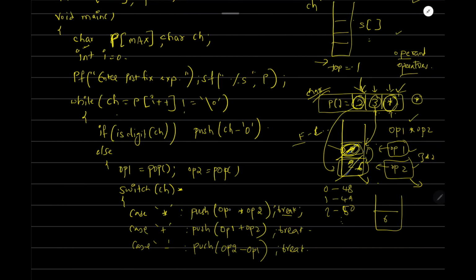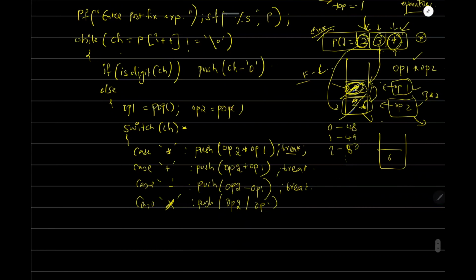Here also it is better we write it this way, it would be easy to understand: op2 plus op1, and even if it is divided by, we'll be pushing op2 by op1. That is the first element by the last element, we can say. Here also it is break.